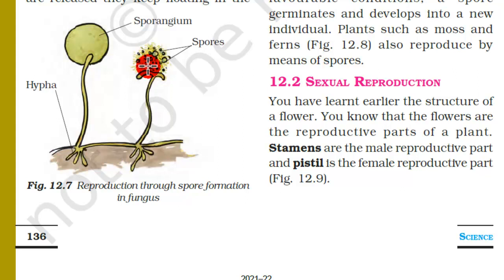These spores are asexual reproductive bodies. These spores are covered by a hard protective coat to withstand unfavorable conditions, for example high temperature and low humidity. Hence they can survive for a very long time.